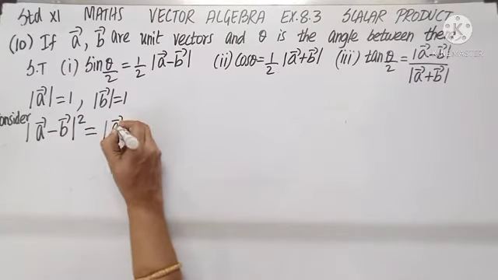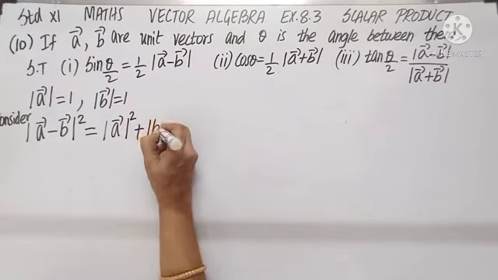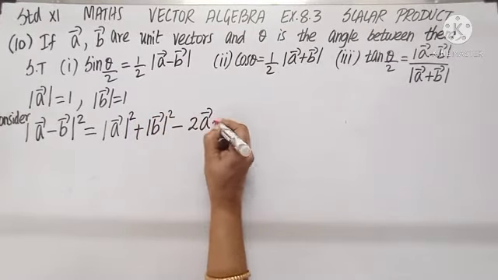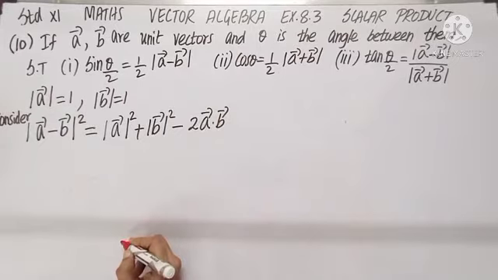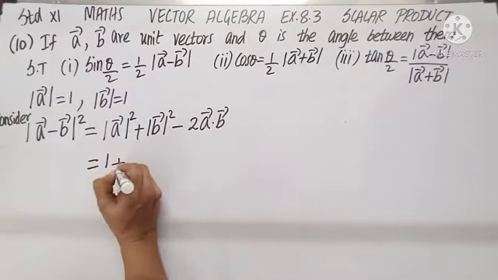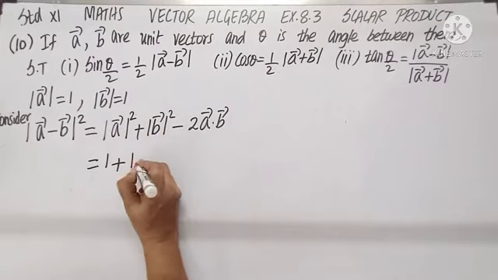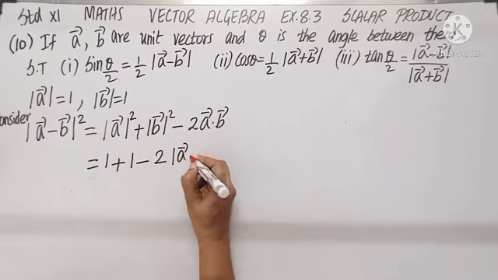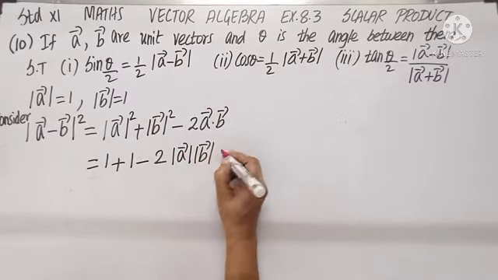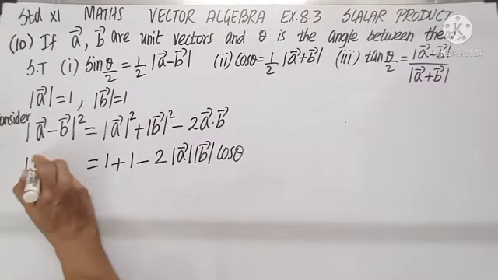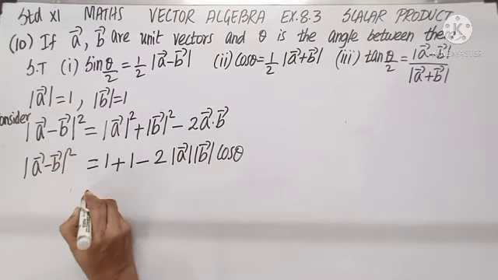Say mod A the whole square plus mod B the whole square minus 2 A dot B. As we simplify, mod A is 1, mod B is 1. What is A dot B? Mod A, mod B, cos theta. So this is mod A minus B the whole square.